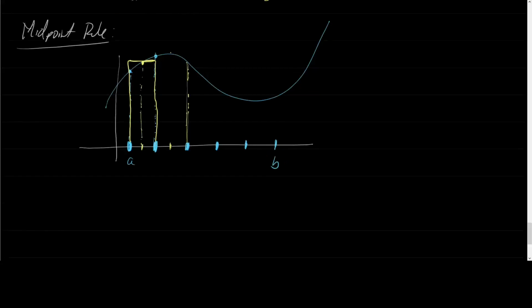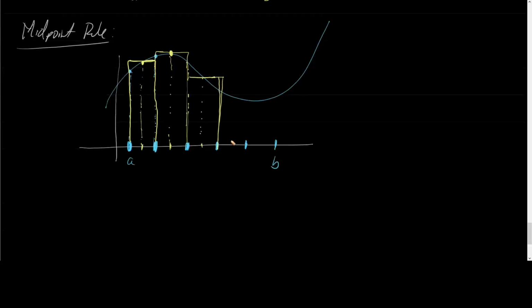So our midpoint here, this right here represents the height. So we're using this rectangle. In the next one, we're going to use this value. So we're going to use this rectangle. Right? In the next one, we're going to use this value.